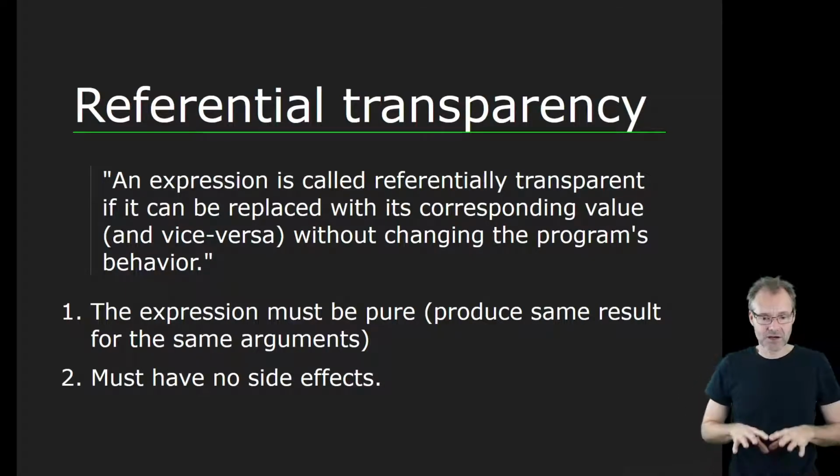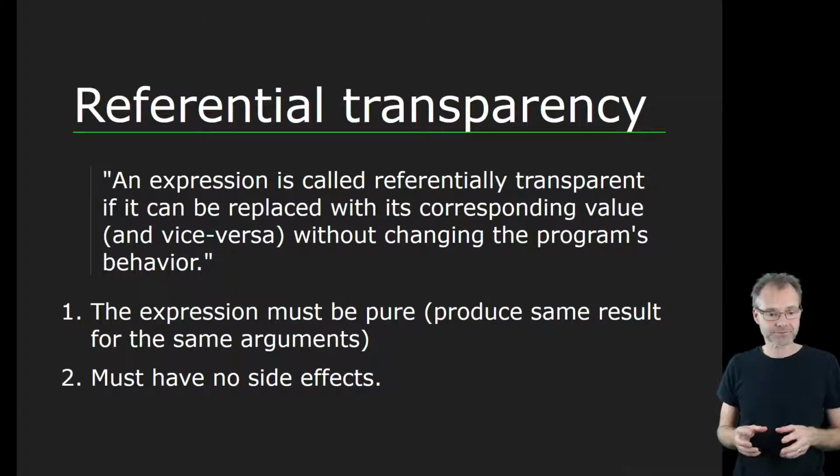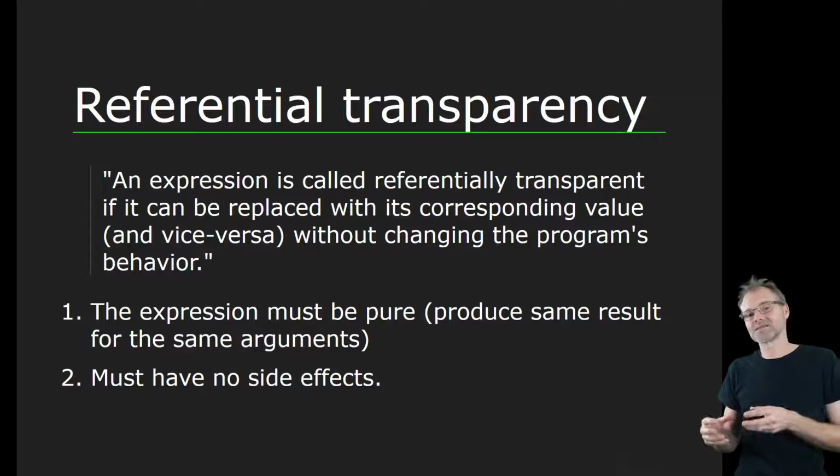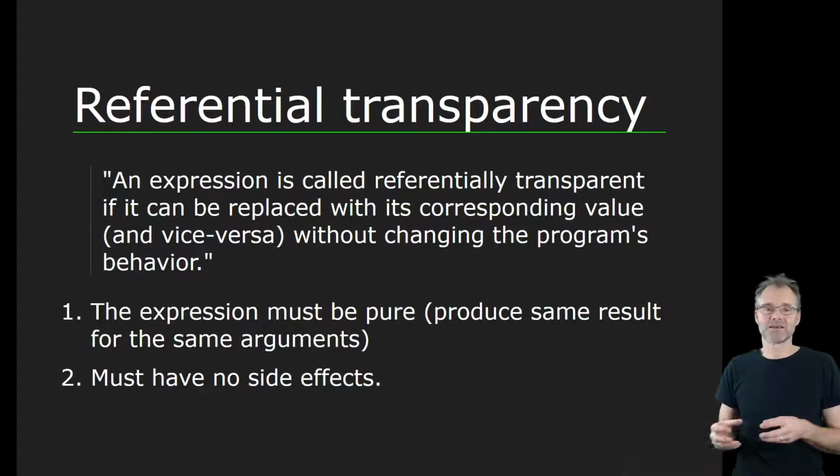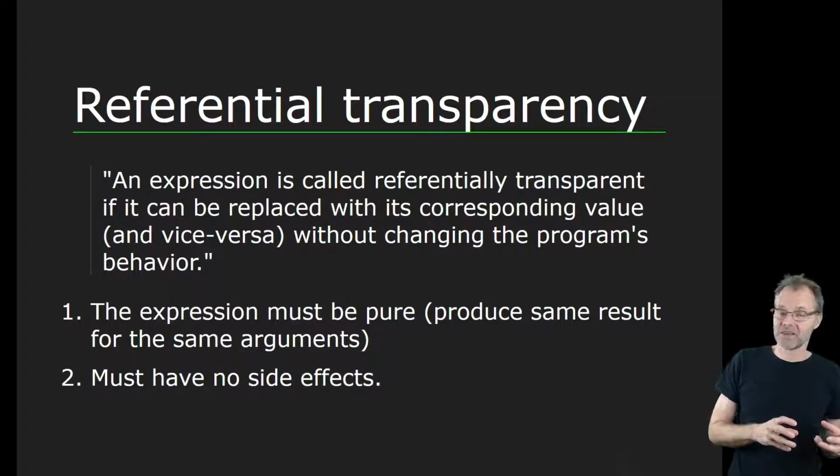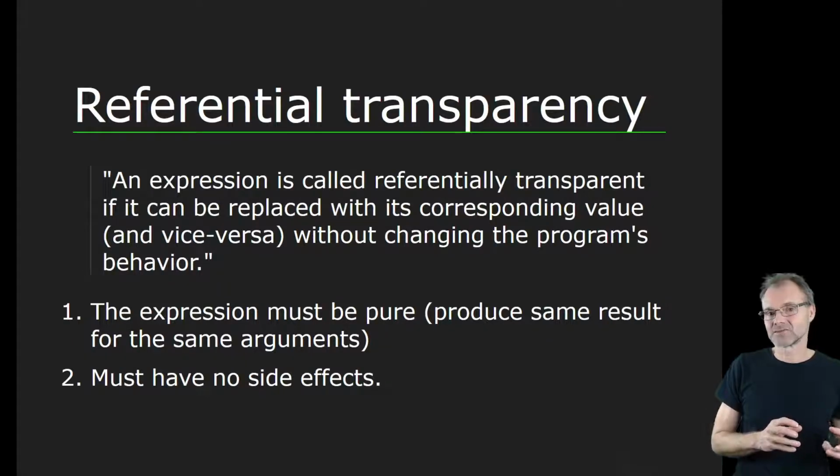Okay, so a bit about the terminology that is related to when we work with side effects and try to avoid them. There is something called referential transparency, and that is basically an expression, let's say, where you can replace the call to the function with its corresponding value.